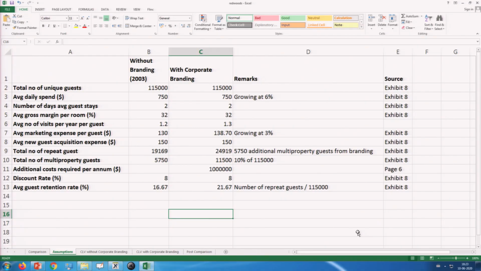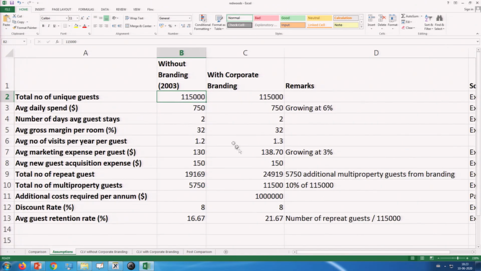This has been taken from a case where the information was collected from different exhibits. If you do not do branding, this much is the number of unique guests, and if you do branding, this is the number of unique guests.